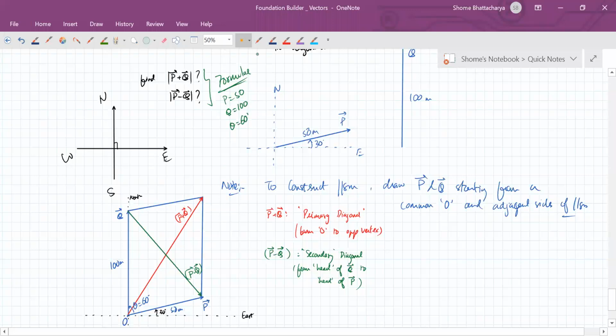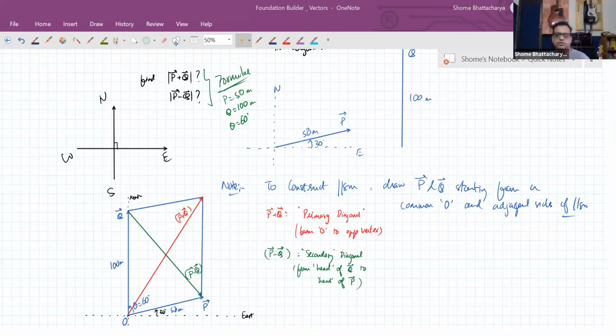Like you can see in the diagram, theta is 60 degrees. So hope this is clear to all of you and you understand this part. The rest is just formula.